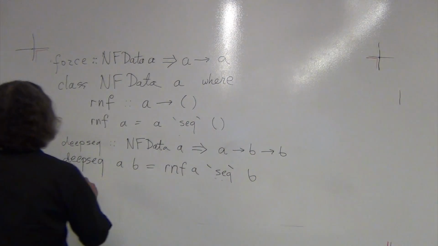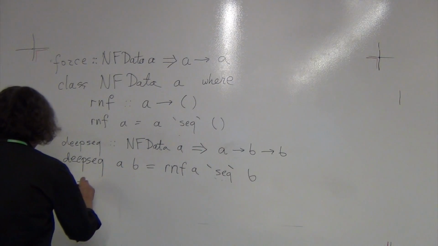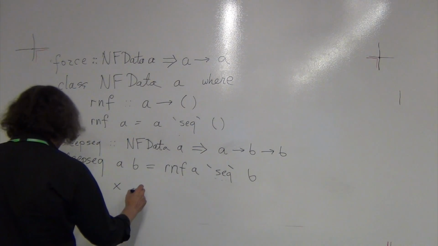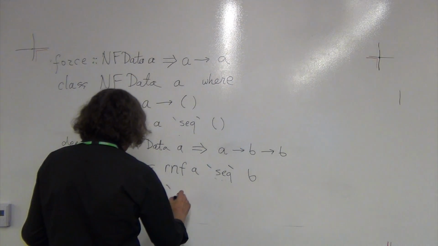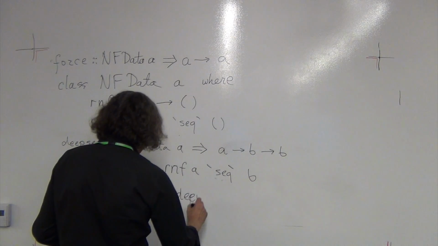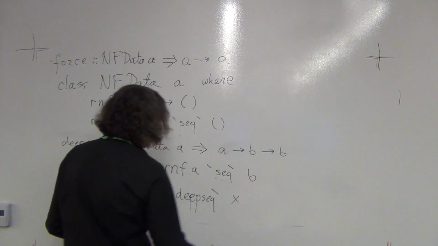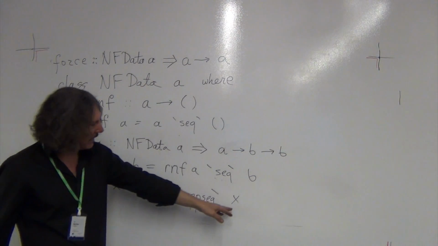And finally, force. How do we implement force? Also very simple. Force X is deepseq X with the same X. So it returns X. Force X is supposed to return X back.